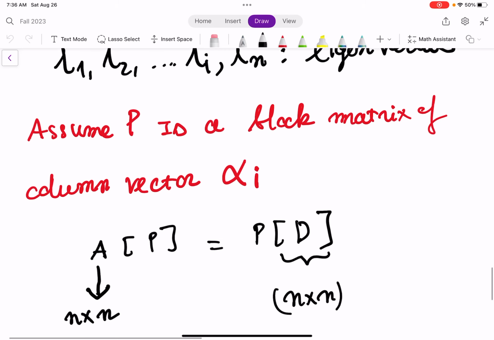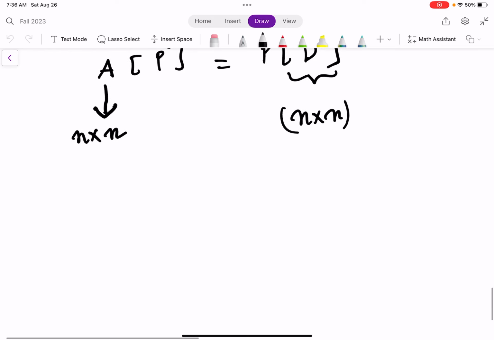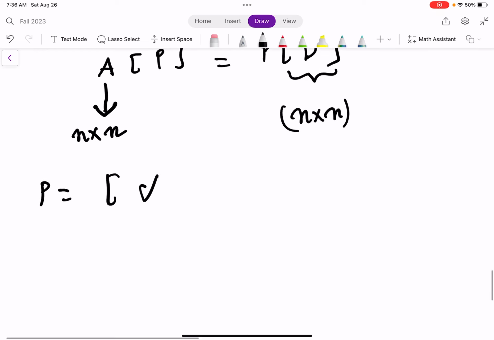So our P, we try to make it similar. Our P is a collection of column vectors alpha i, so alpha 1, alpha 2, all the way to alpha n. This is what we aim to be, and later we'll figure out what alpha is.